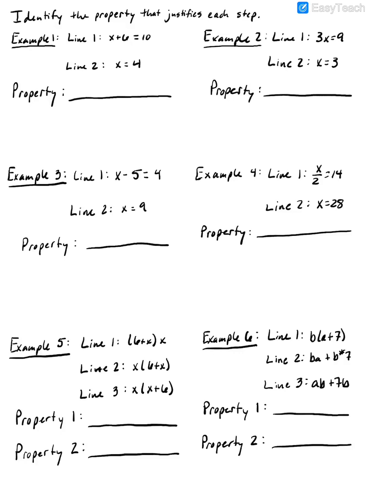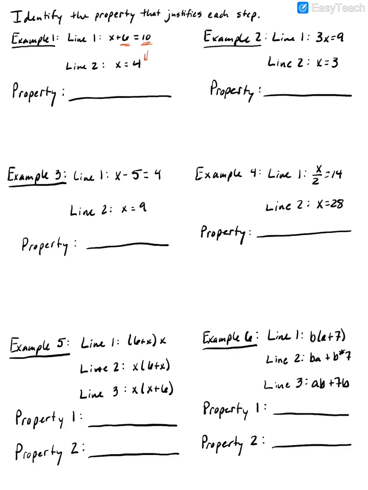I'm looking at what changes first. Here, the x stays exactly the same, but the 6 disappears and the 10 becomes a 4. So I need to think about what could have happened to the 6 to make it disappear, but make the 10 be a 4.